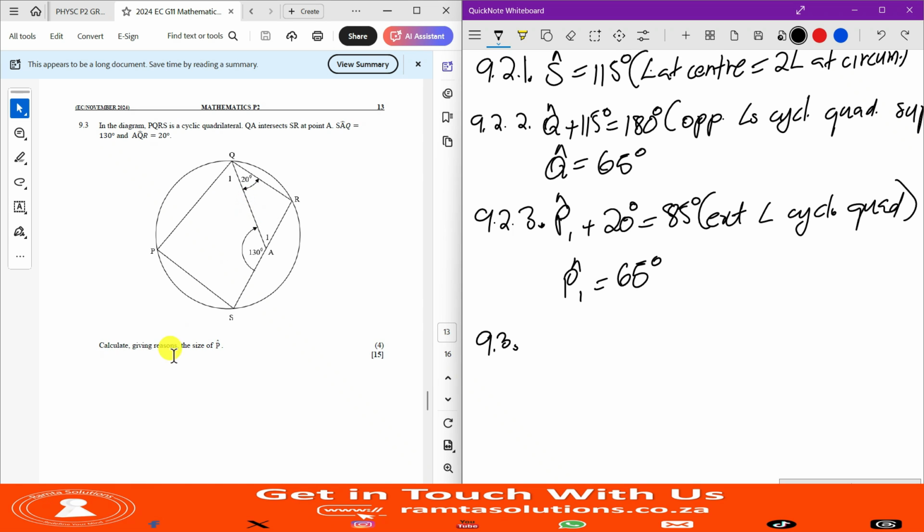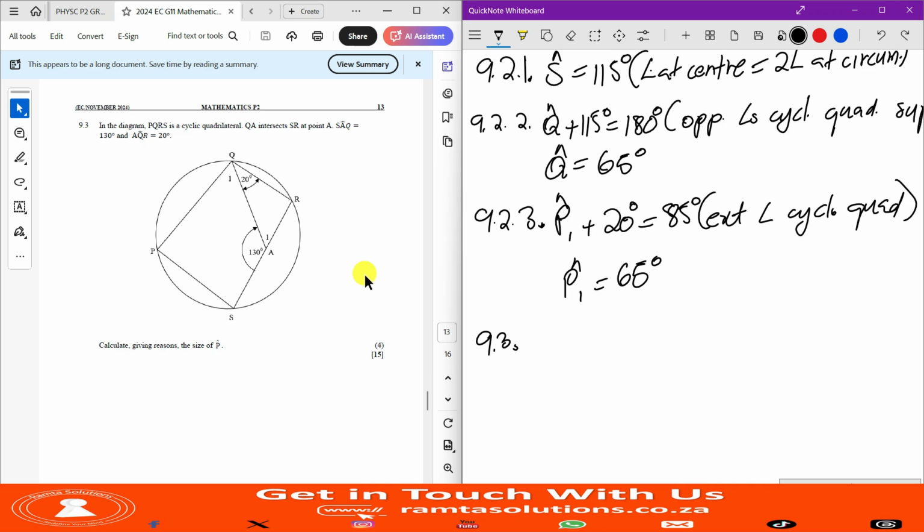Calculate, giving reasons, the size of angle P. This is for max, so we must be done in 4 minutes.